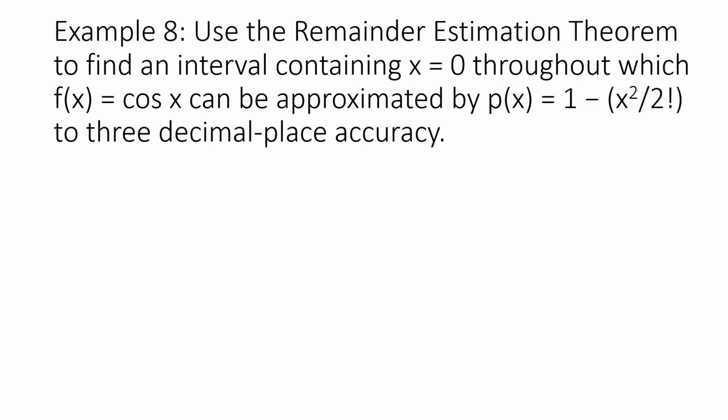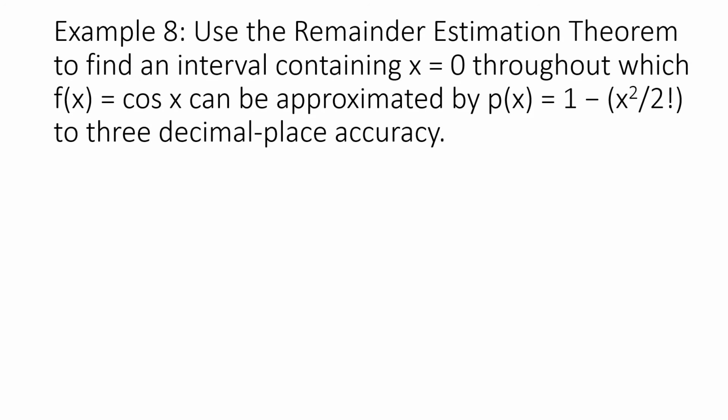Okay, let's have this example. Use the remainder estimation theorem to find the interval containing x equals 0 throughout which f of x equals cosine x can be approximated by p of x equals 1 minus the quantity x squared over 2 factorial to 3 decimal place accuracy.